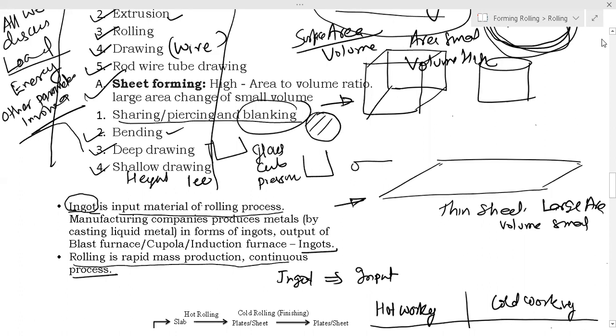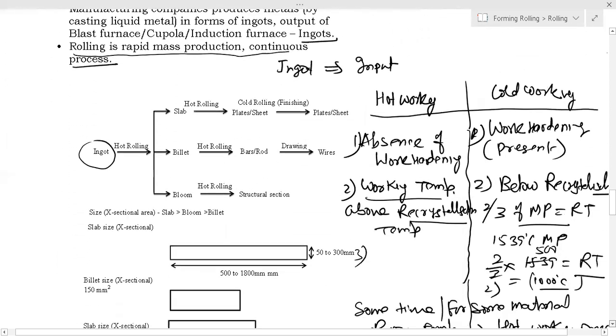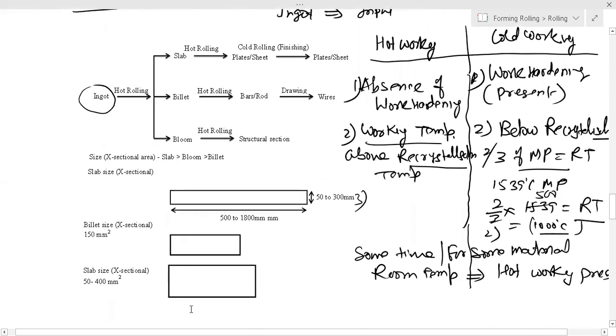So what was the topic here? Hot working process. Prasad, is it clear to you all? Clear? Or do I need to repeat? I can teach you the iron carbon equilibrium diagram now, but I think we would waste time.